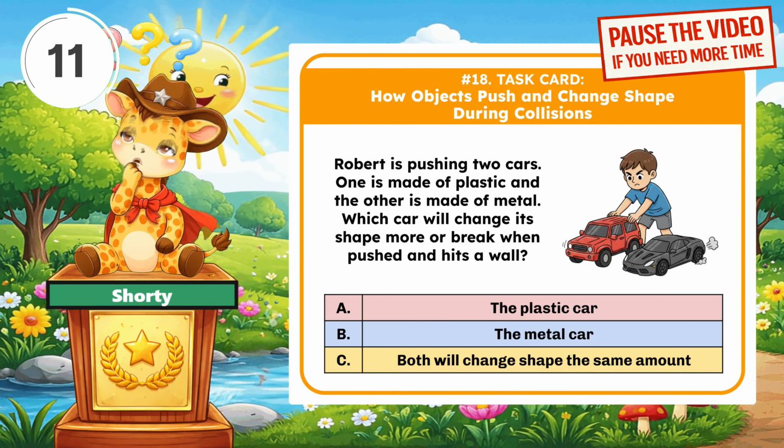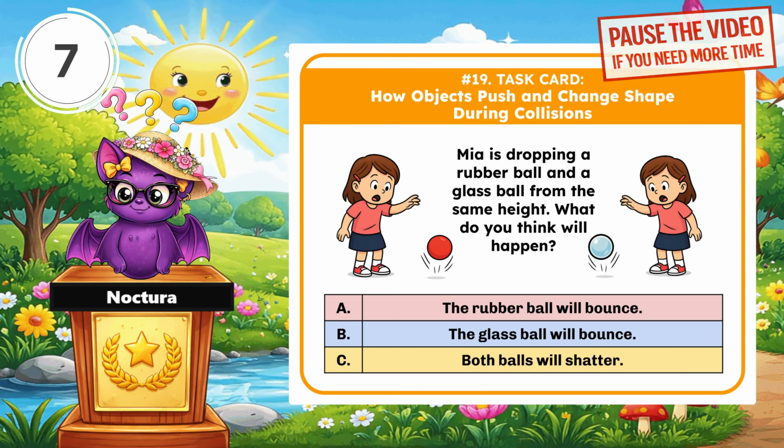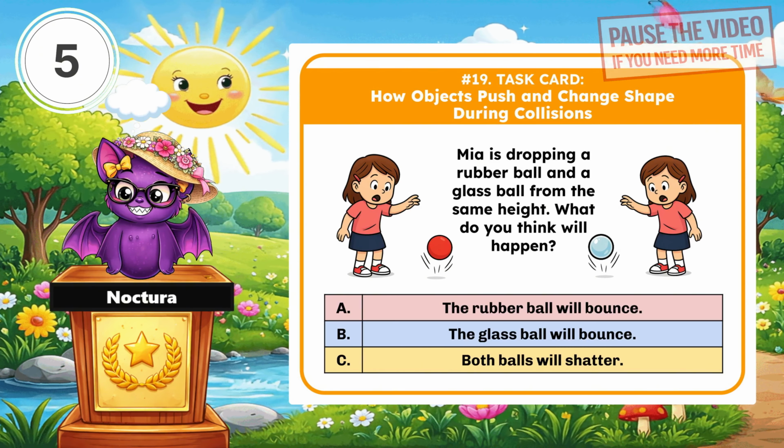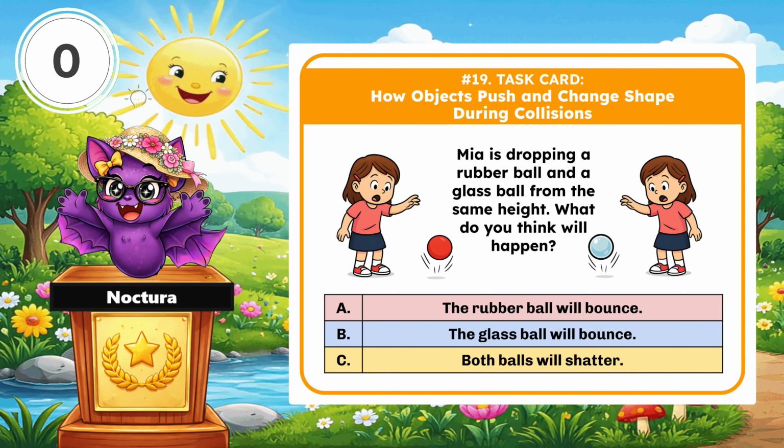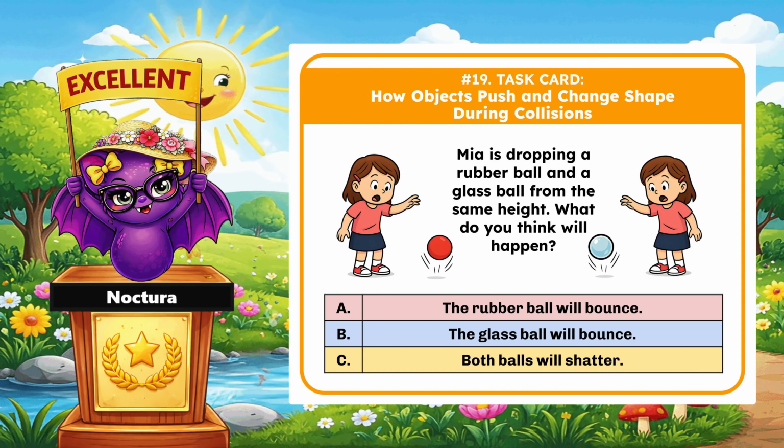Mia is dropping a rubber ball and a glass ball from the same height. What do you think will happen? And the correct answer is letter A, the rubber ball will bounce.